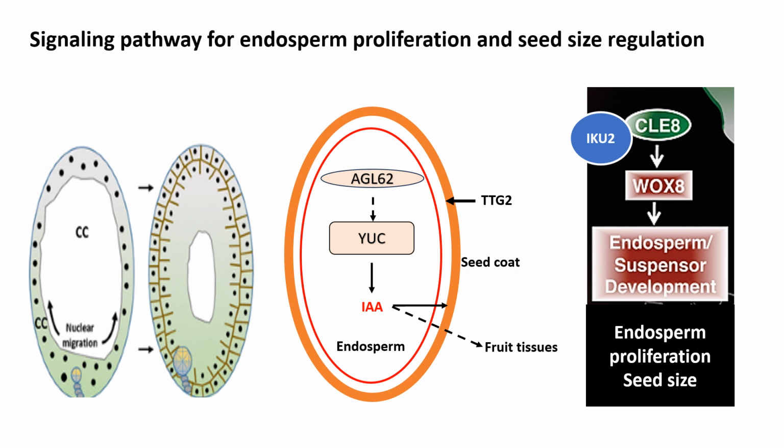Regulation of these stages of the endosperm is carried out by a transcription factor AGL62, which suppresses cellularization during the syncytial phase of endosperm formation.